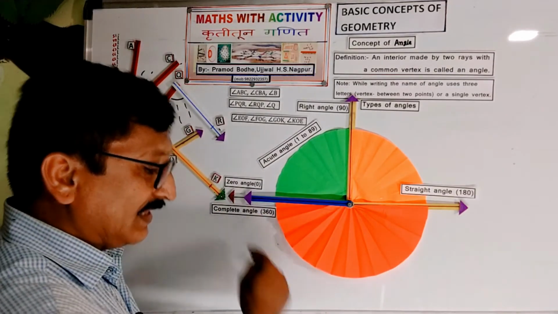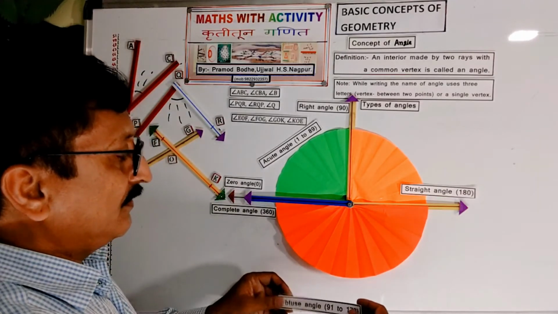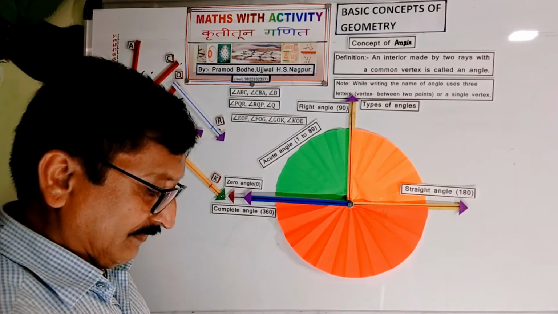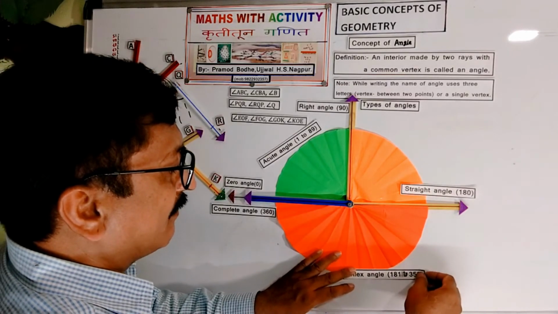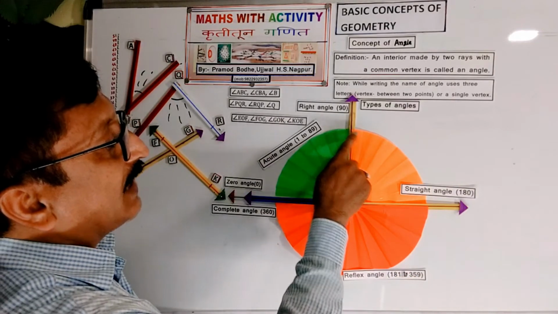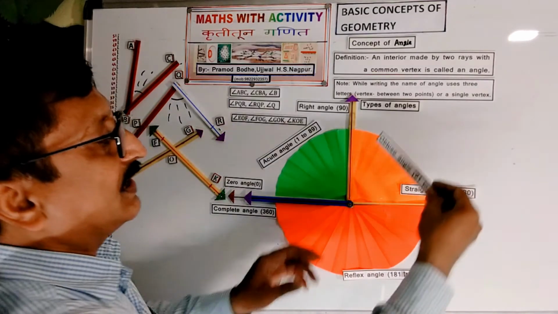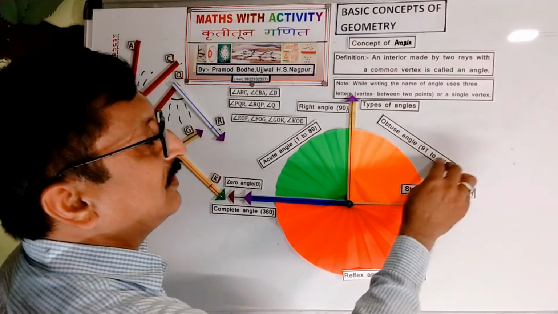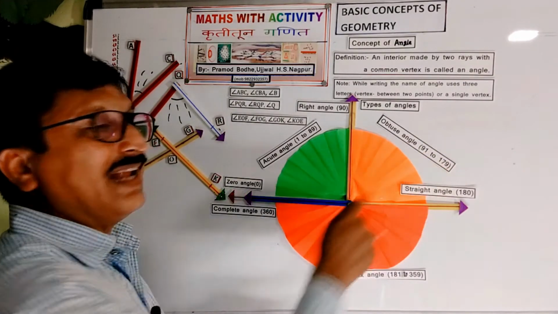In between these there are some angles, and these angles are said to be reflex angles, and the measure of a reflex angle is between 180 degrees and 359 degrees. The angle between 90 degrees and 180 degrees is said to be the obtuse angle. The range of this obtuse angle is 91 degrees to 179 degrees.